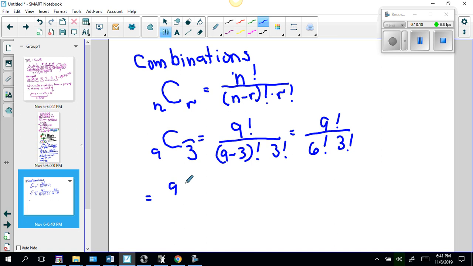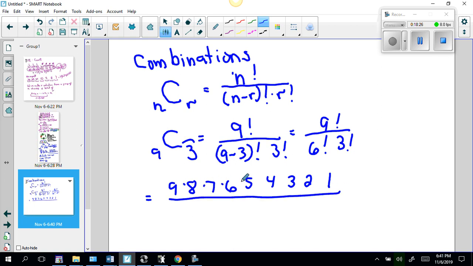You get to go 9, 8, 7, 6, 5, 4, 3, 2, 1. Now you got a 6 factorial and a 3 factorial. I'm going to do the 6 factorial over here. I'm going to do the 3 factorial over here because it doesn't matter where I write it.